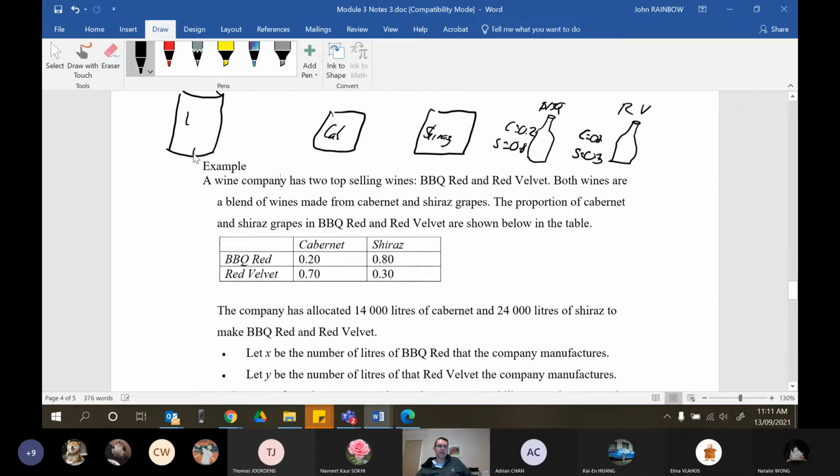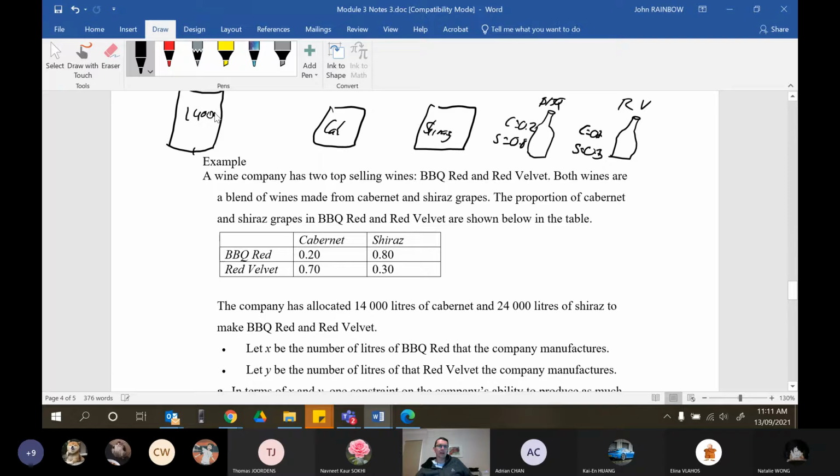And then they've got 24,000 litres of Shiraz. So they've got massive ones, 24,000 of Shiraz and 14,000 of Cabernet.